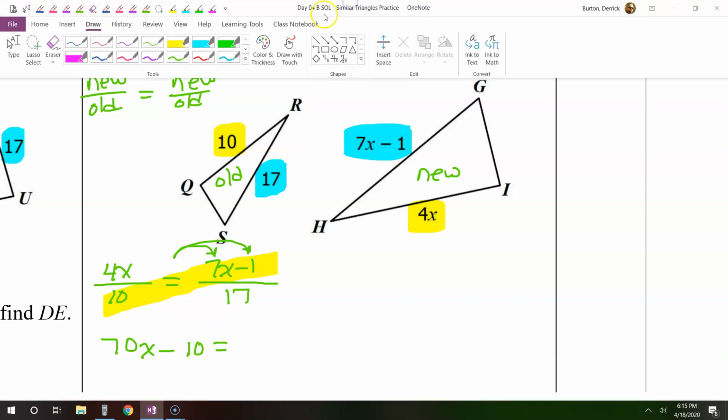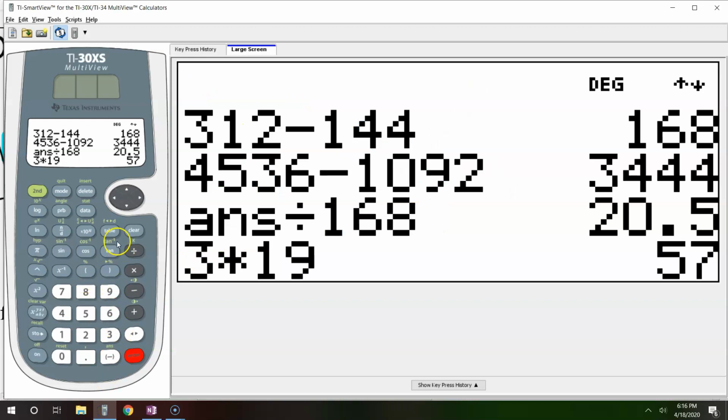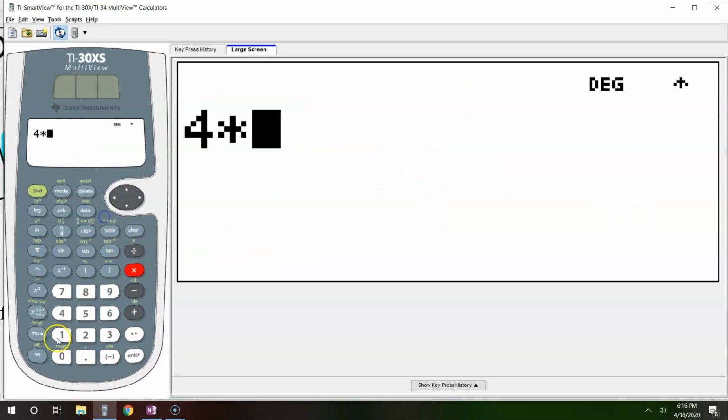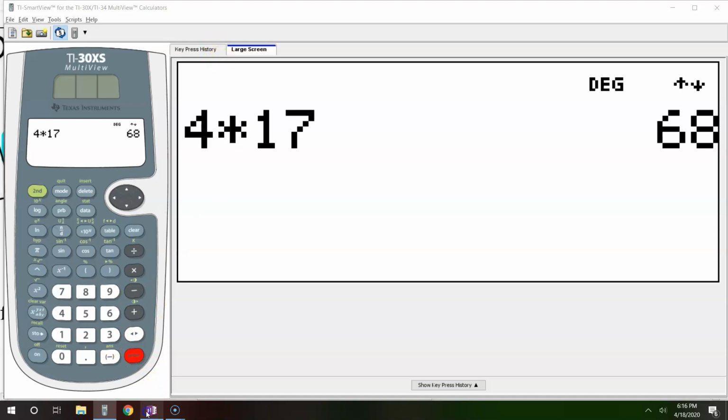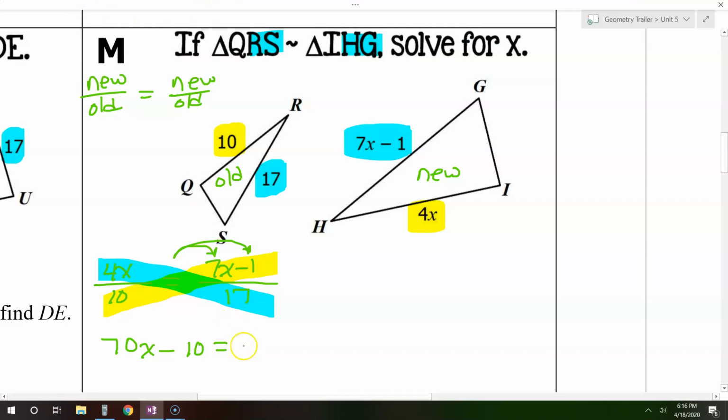All right, now I'm going to do the other side. 4 times 17, 68. So that's going to be 68x.